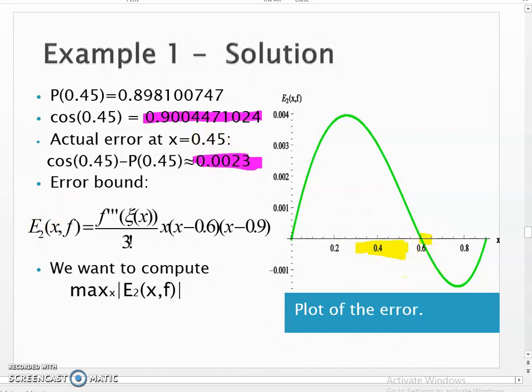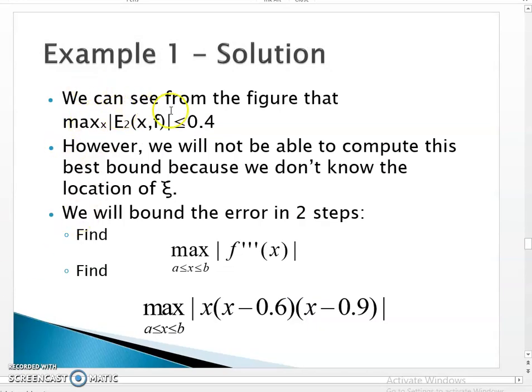Therefore, we can see from the figure that the maximum error in this function is less than or equal to 0.4. However, we will not be able to compute this best bound because we don't know the location of epsilon, because we don't know whether it is increasing or decreasing.